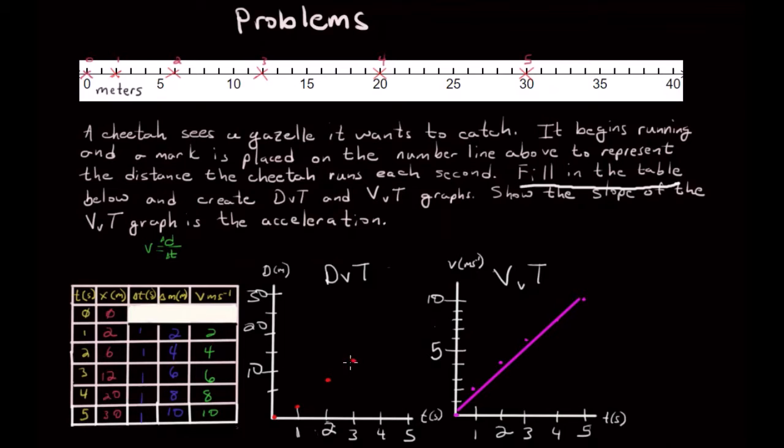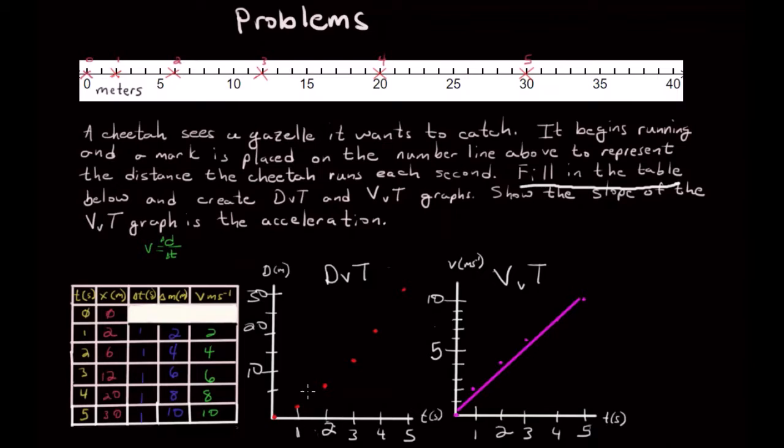I think my 6 is in the wrong place. Let me fix that. 6 is right here. All right, at 4, we are at 20. And at 5, we are at 30.